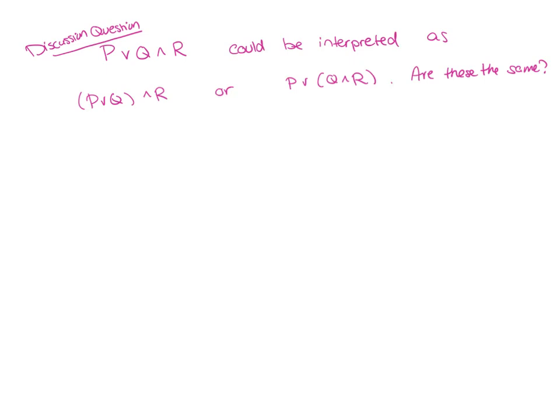Let's consider this sort of thing related to associativity. So here I have P or Q and R. And you can interpret that either as P or Q and then and R after that, or P or Q and R. So I want you to use truth tables to determine if these two statements are the same as each other.